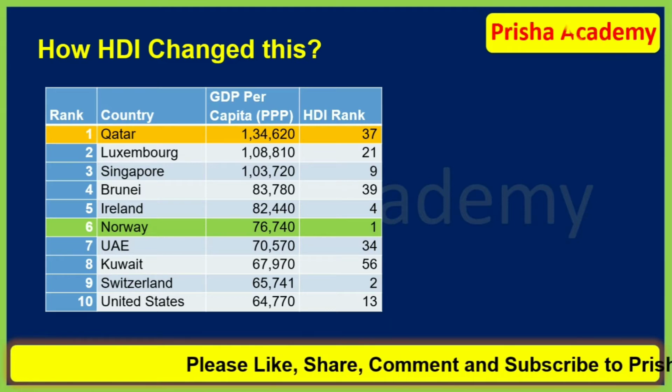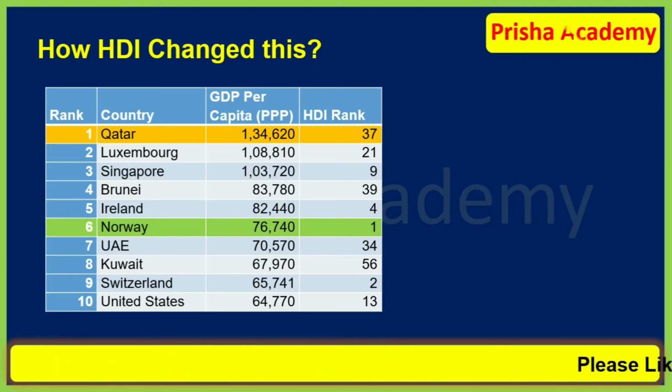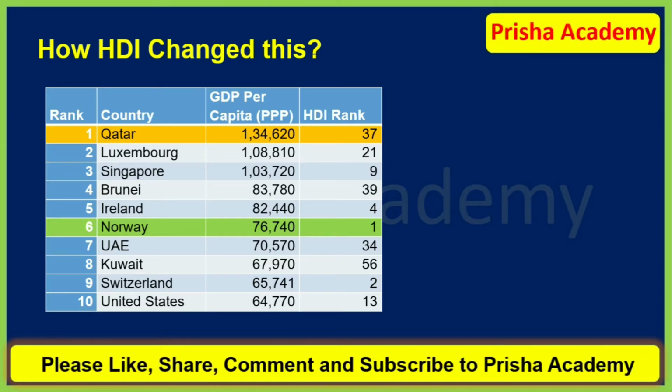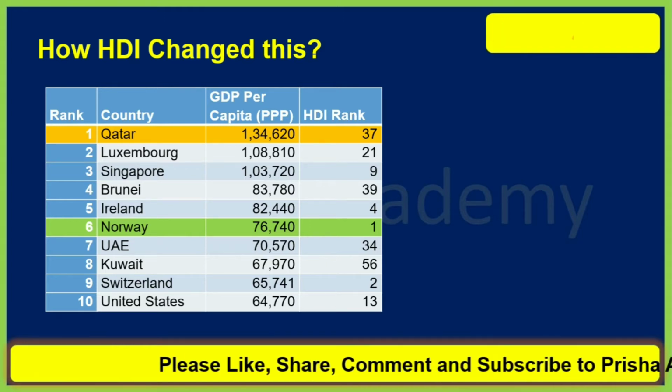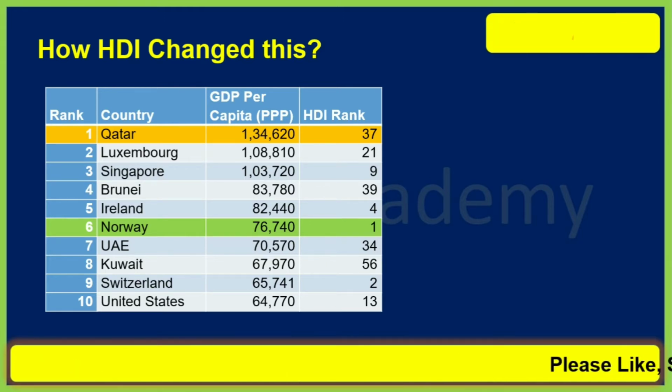If we take the example of top countries in terms of GDP per capita, you will find that Qatar is at number one in terms of GDP per capita and United States at number 10.